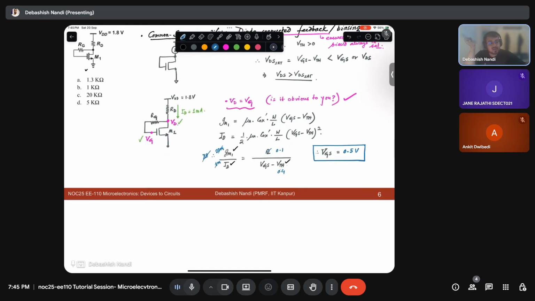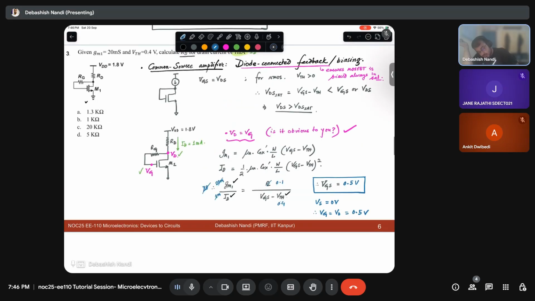If VGS is 0.5 volt and VS equal to 0 because it is grounded, then my VG equal to VD will be 0.5 volt. So at this node, I am seeing 0.5 volt. So I can easily calculate my RD to be (VDD minus VD) upon ID.